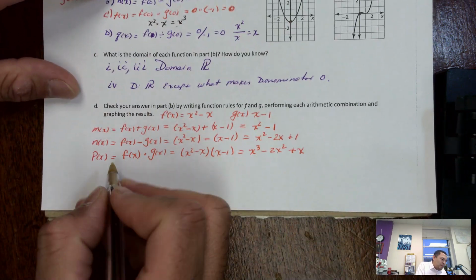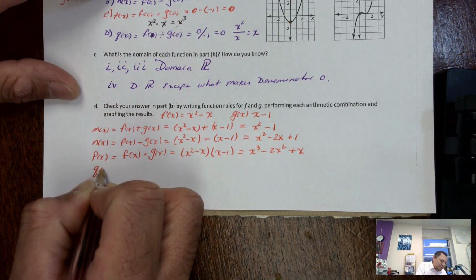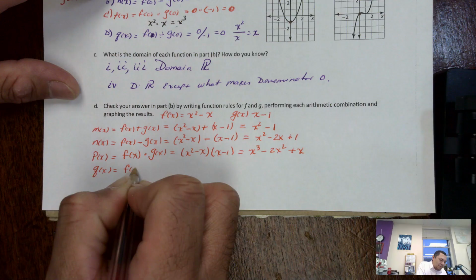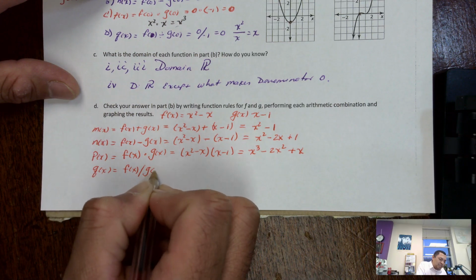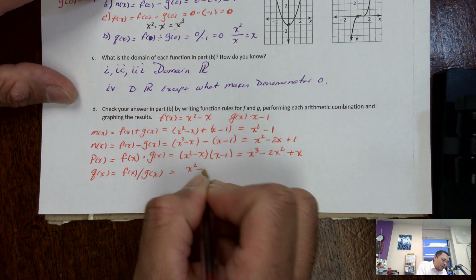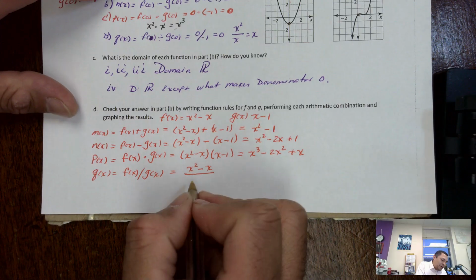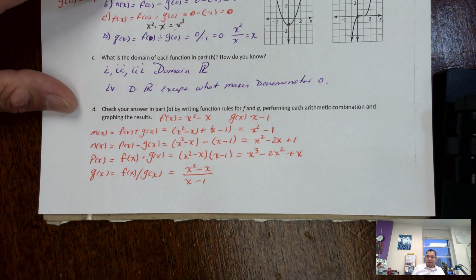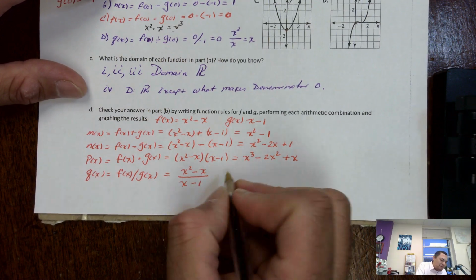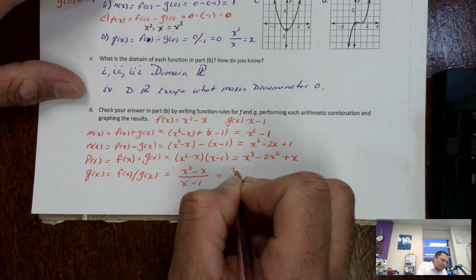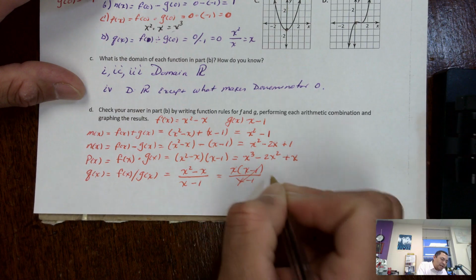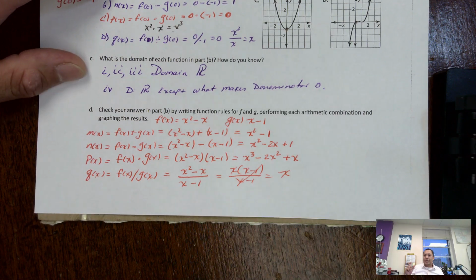And the last one, we have q(x) equal to f(x) over g(x), which is the division. So it is equal to x squared minus x over x minus 1. Now we can simplify, we can factor the greatest common factor. We're going to have x times x minus 1 over x minus 1. So it's equal to just x.